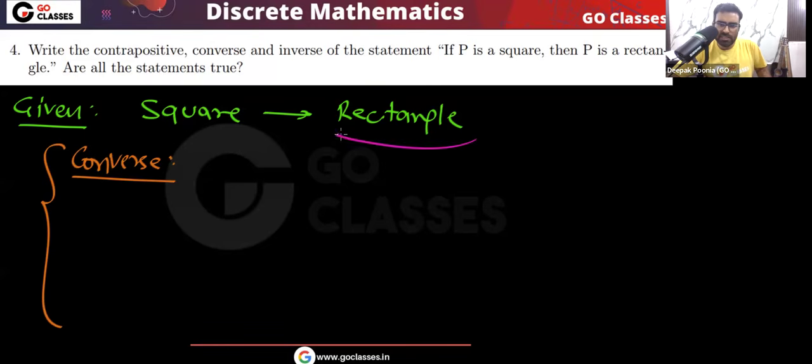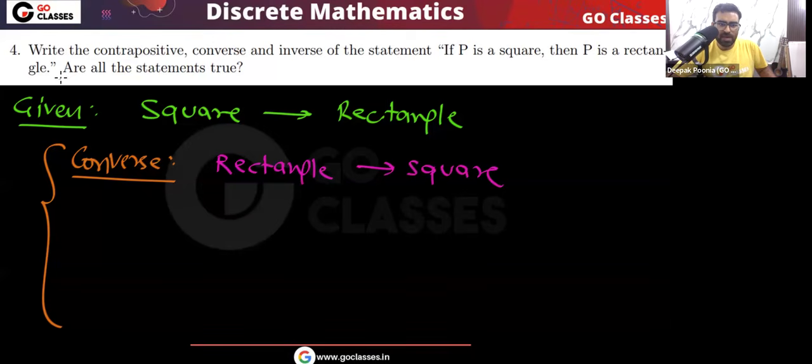Converse means if it is rectangle, then it is square. Also remember the question is asking, are all the statements true? The given statement is true or false? In geometry, the given statement, if P is a square, then it is a rectangle. Square implies rectangle. Yes, this is actually true in geometry, correct?